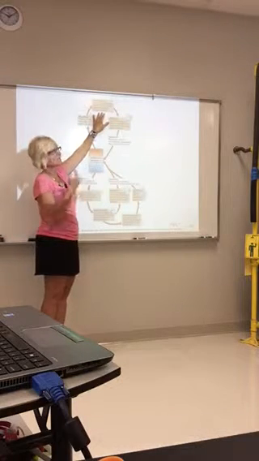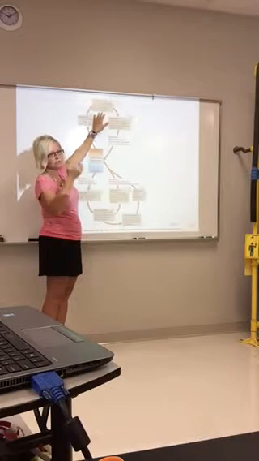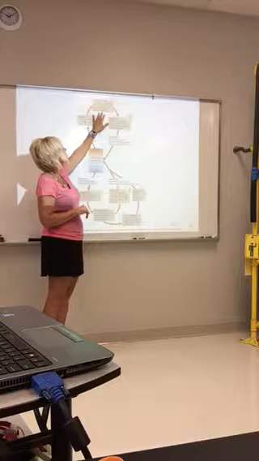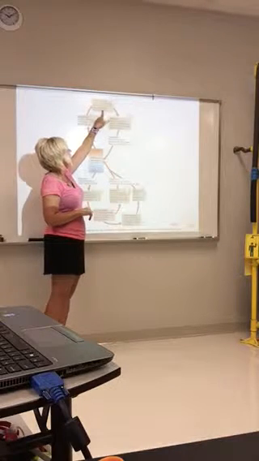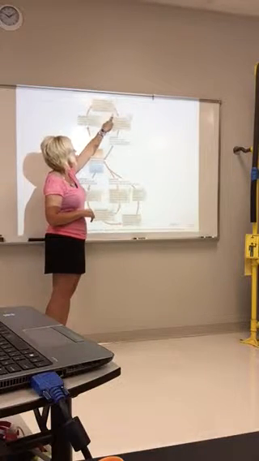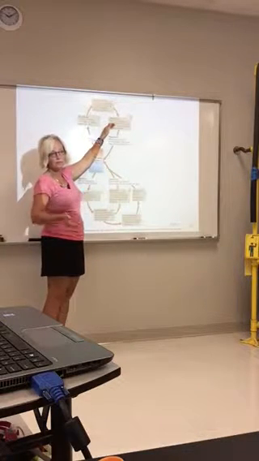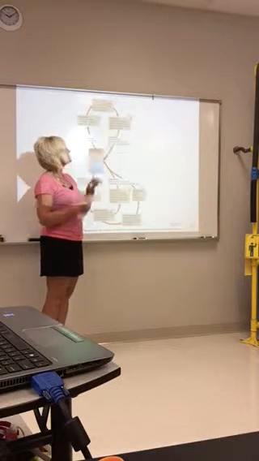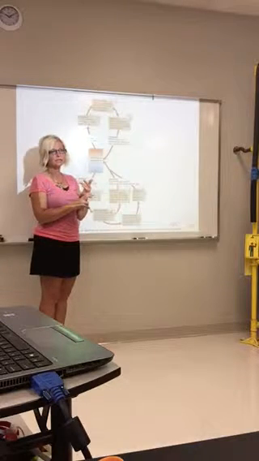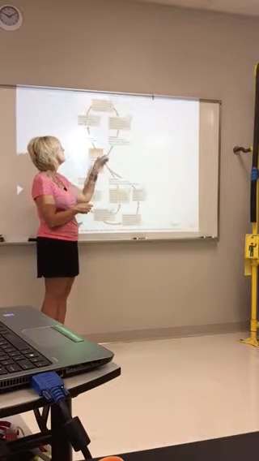The brain gets that message from the receptors. Your brain is pretty much in charge of everything. My body is too hot, so it's going to send a message to somewhere that can do something about it, mostly to your skin.